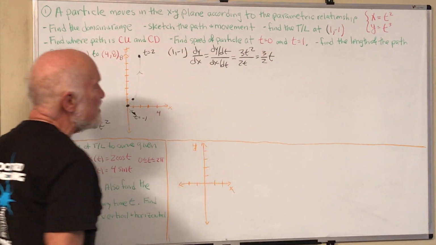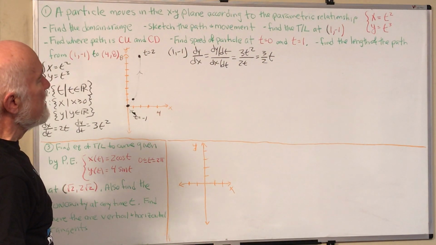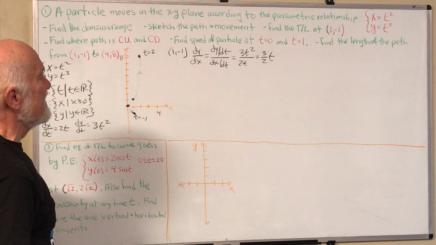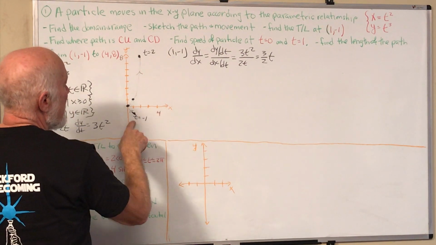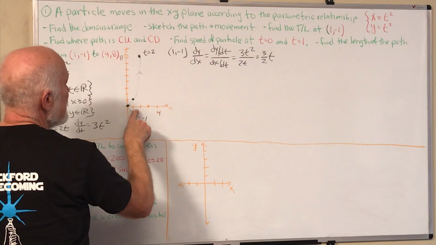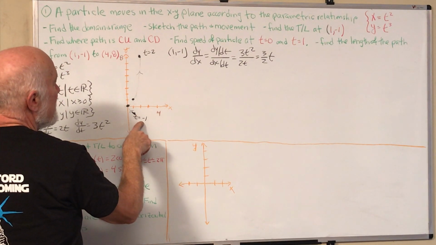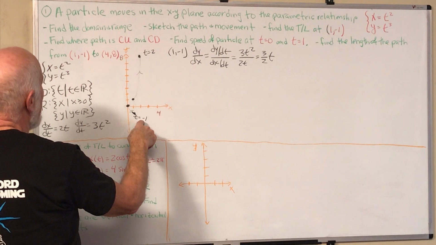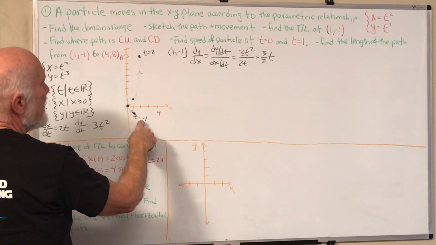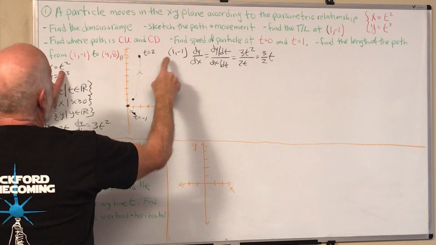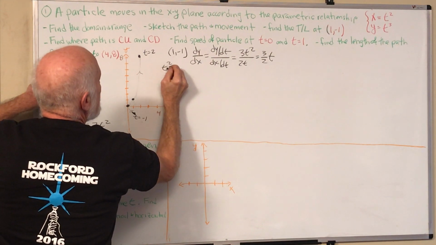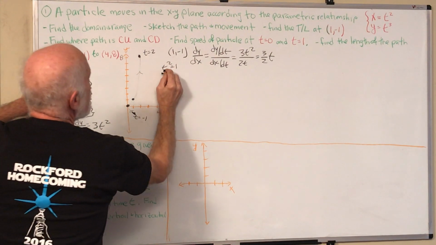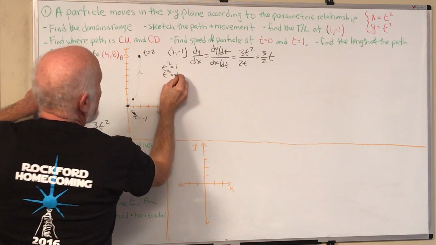So now we have an expression that gives the slope, but we have to plug in t. So we have to see, what time was it we were at 1, -1? And that was at time t = -1. If you're not sure about that, you can always go back and say x is t squared equals 1, and t cubed has to equal -1.